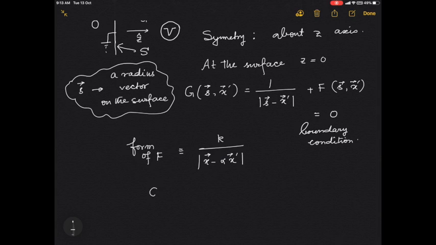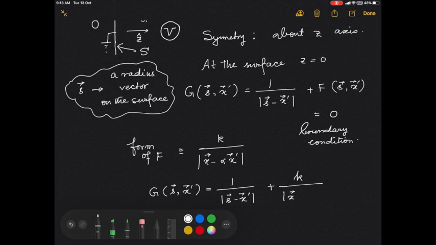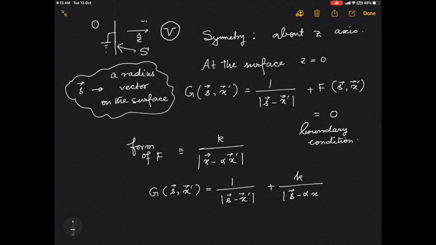Okay, now if I use that there, this x has to be replaced by s now, because I'm doing it at the surface.